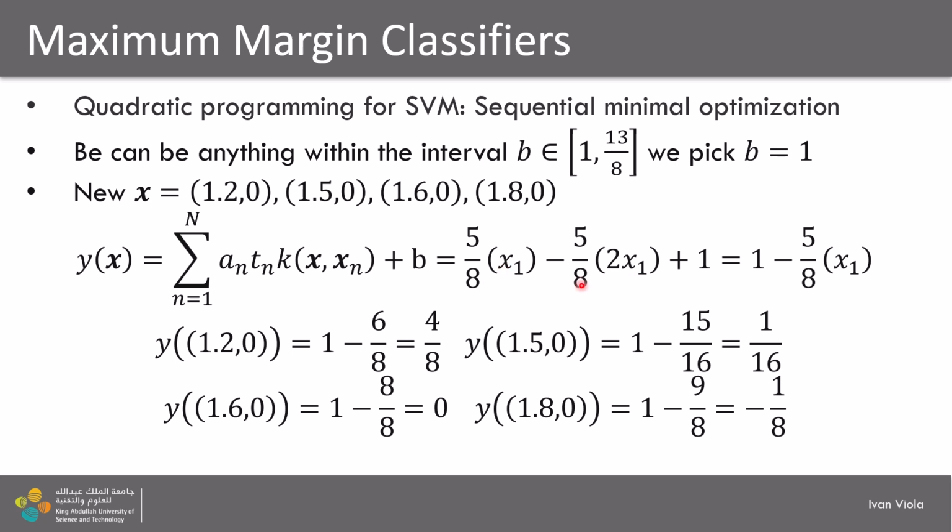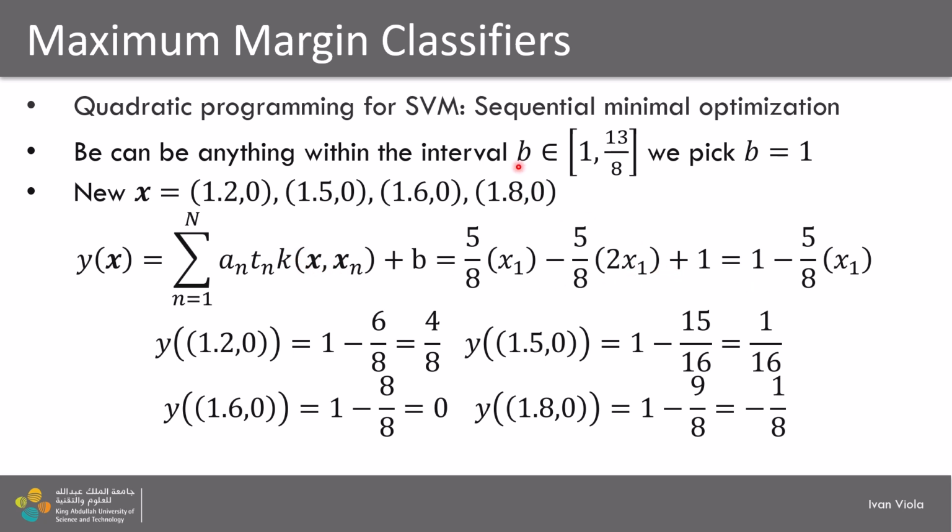Then for the second term, we have n equals 3. So this a3 times 5/8, and then we have this term here, which is -1, therefore minus here. This kernel computation will lead to the 2, because the first component of x3 is 2, and we will be multiplying it with x1, the first component of this vector.